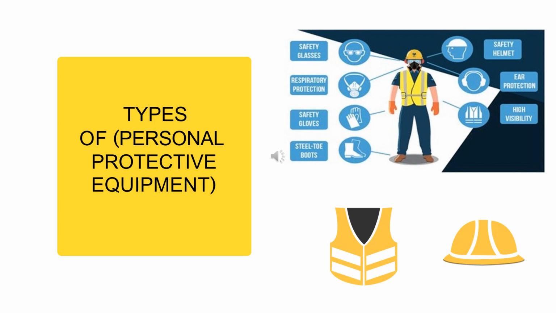Some types of personal protective equipment are safety glasses, respiratory protection, safety gloves, steel-toe boots, safety helmet, ear protection.